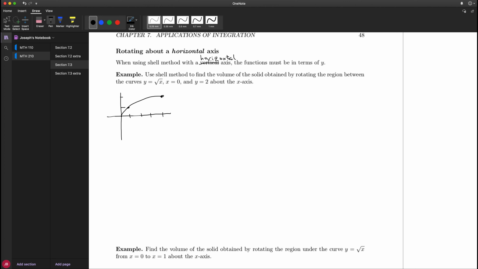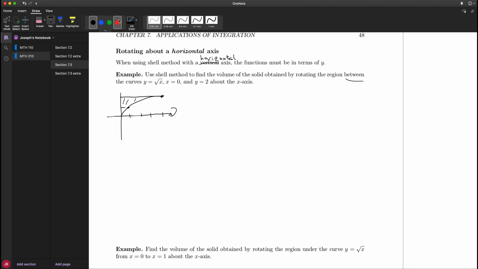The region we're going to find is the one between this graph, x equals 0, which is the y-axis, and y equals 2, which is the horizontal line there. So this is the region that we're going to take and spin around the x-axis.